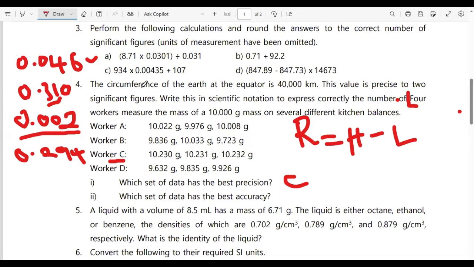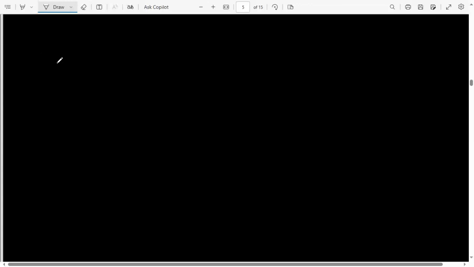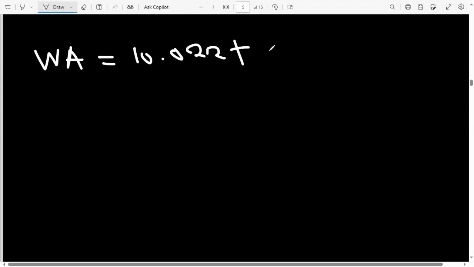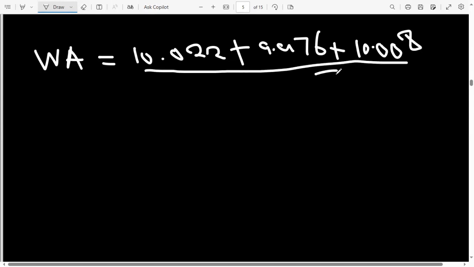For worker A, we have 10.022 plus 9.976 plus 10.008. Then we divide this by 3.